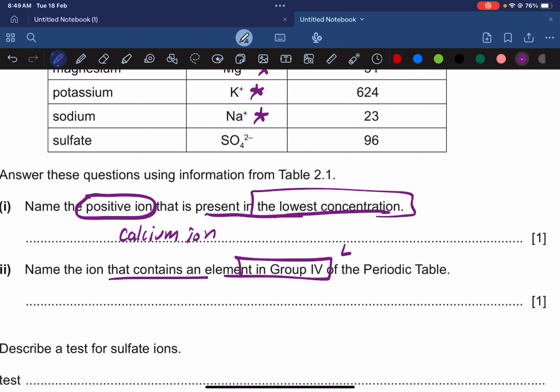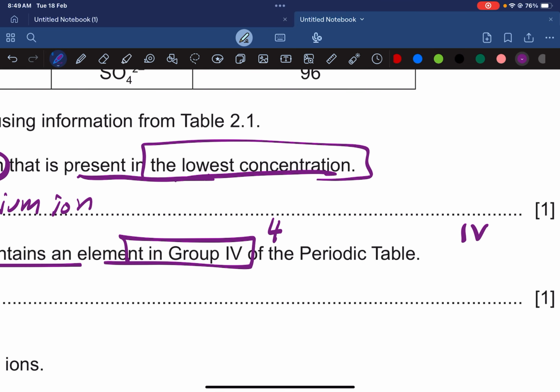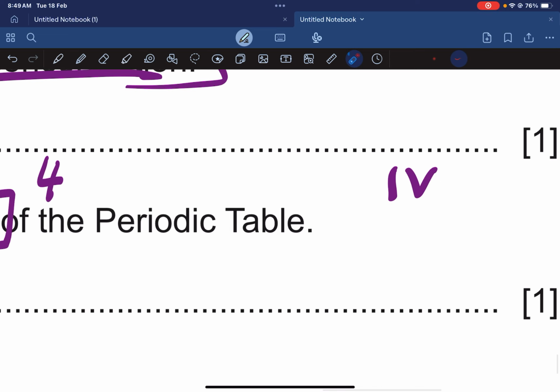IV means group 4. How do I know? I means 1 and V means 5. Now I'm going to tell you one hack: when this I is written before V, on the left side of V, we subtract it from V. So 5 minus 1 is going to give us 4.